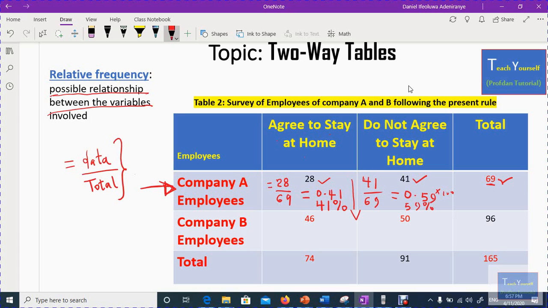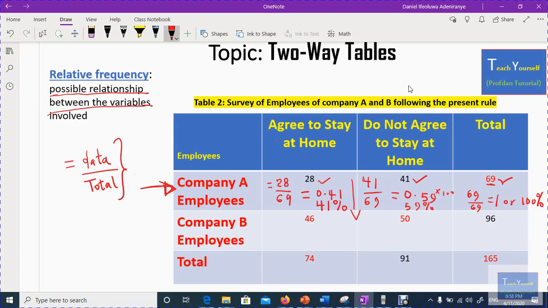And for the total, you can also have the value 69 over the total 69. This is 1, or if you multiply by 100, 100%, because 41% plus 59% is going to give you 100%.